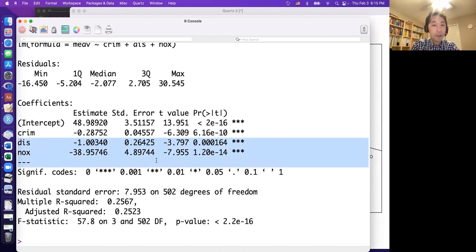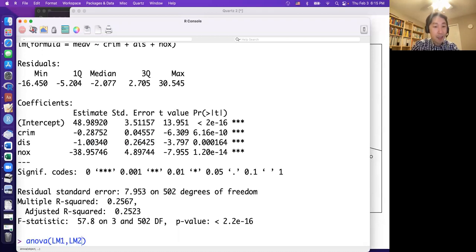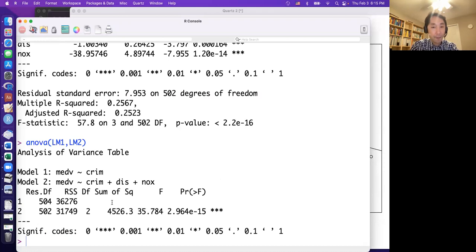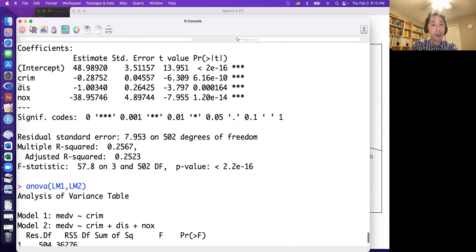We can check whether these 2 variables add information by doing ANOVA. In this case, obviously, these 2 variables combined are useful to explain median house value. But sometimes it's vaguer. So if we use the ANOVA function, we can see the overall effect of these 2 variables.